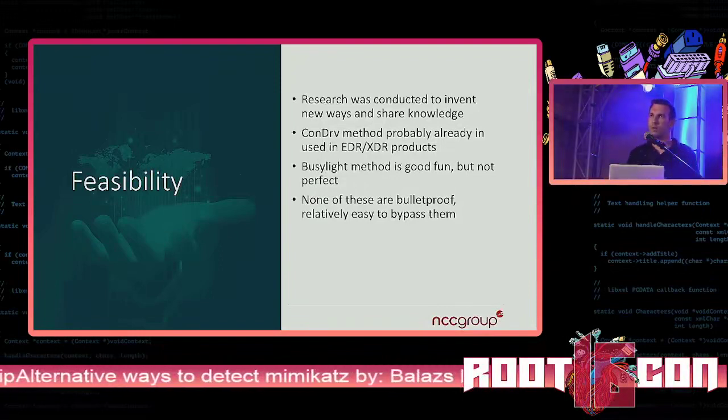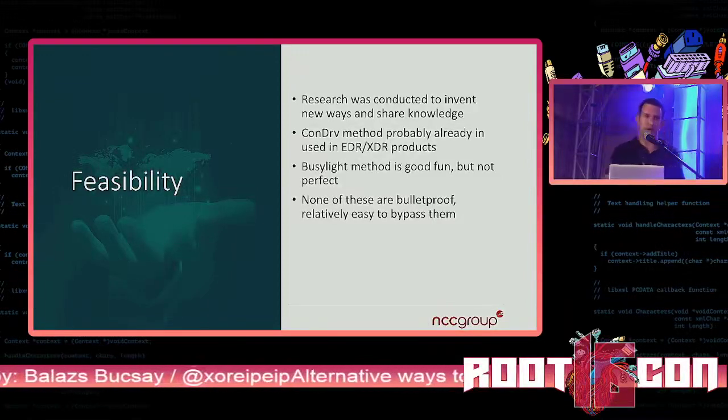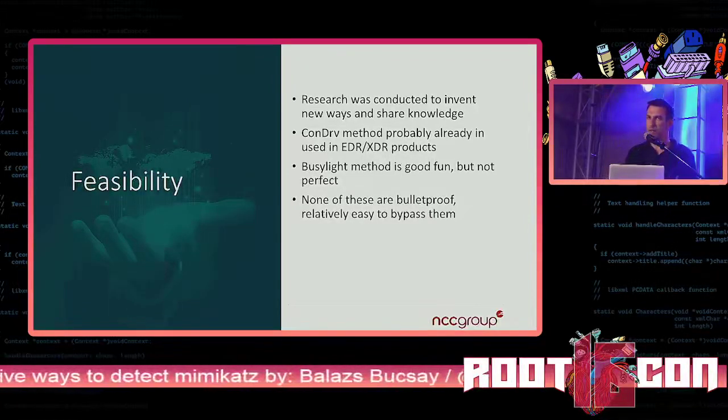For the con driver, the second method that I just explained, I think it's already in AVs, EDRs, XDRs. Since Mandiant did the research, I assume it's already internal knowledge for them, and they use it in EDRs just to make that detection a little bit better. So the busy light is really good fun.